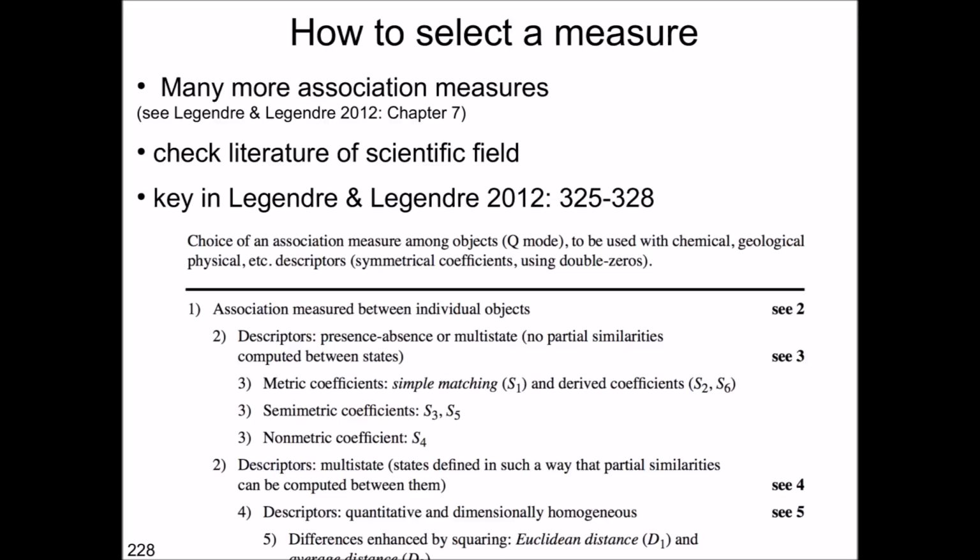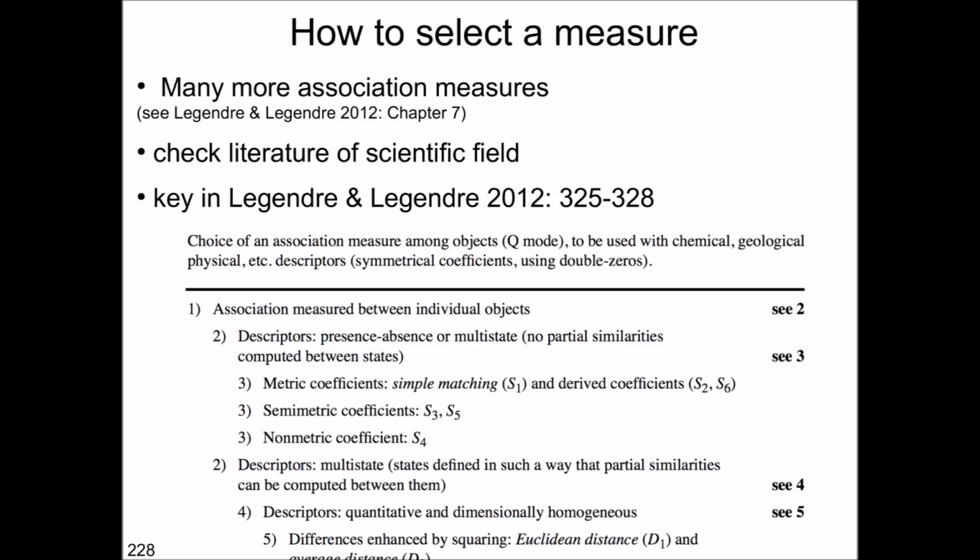This could be done by first checking the literature of your scientific field. They are used in many scientific fields, and you may want to stick to the measures that are commonly used, as long as they make sense. Don't just repeat something because it has been done in the past. You find a key in the Legendre chapter as well.